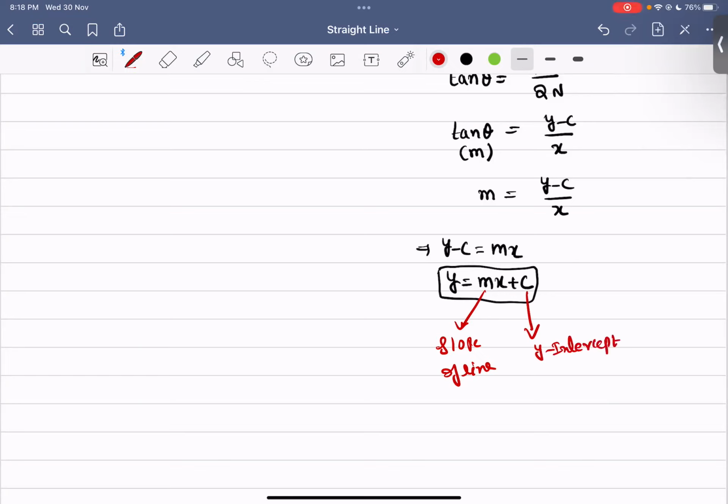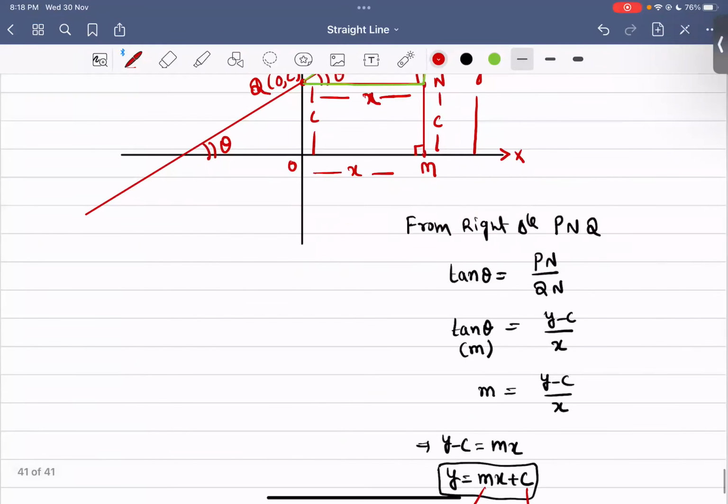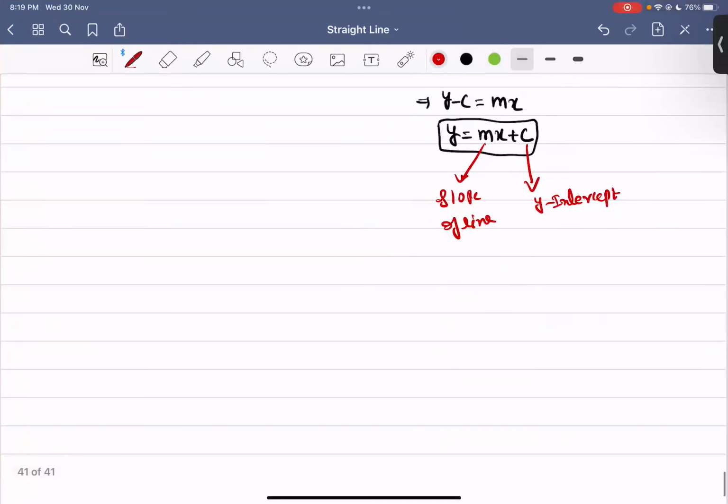C is the y-intercept. Here tan theta is equal to the slope, as we have already written. So example number 1 for this line: suppose y is equal to 4x minus 7.